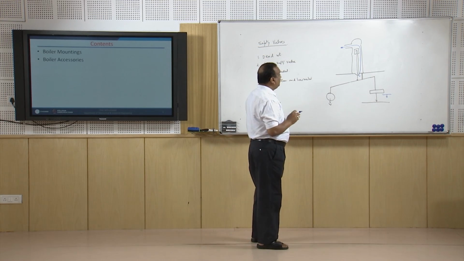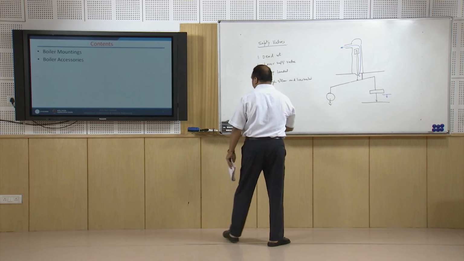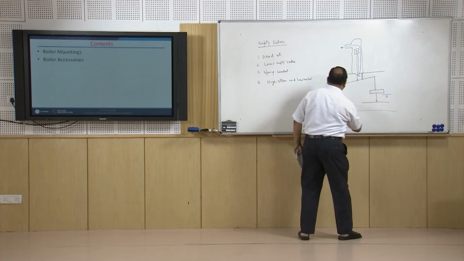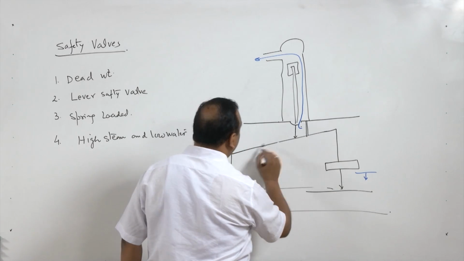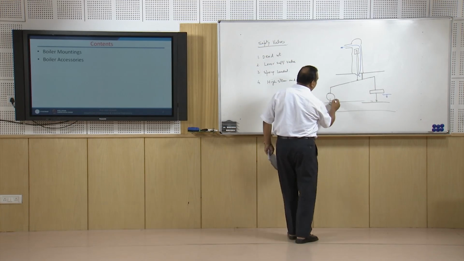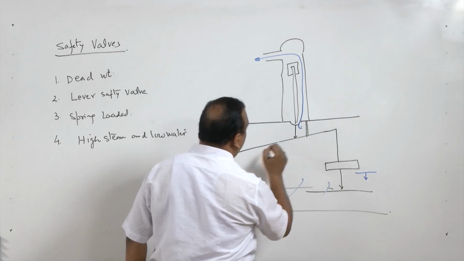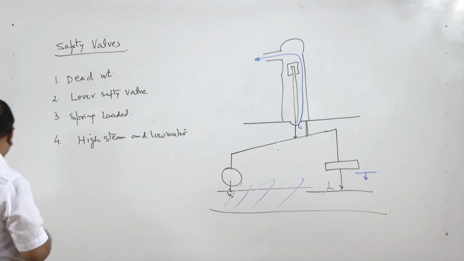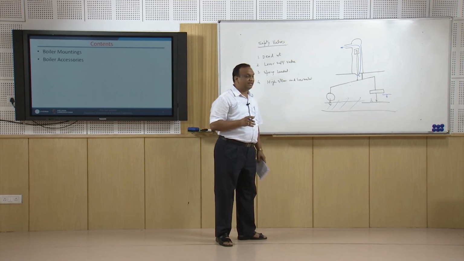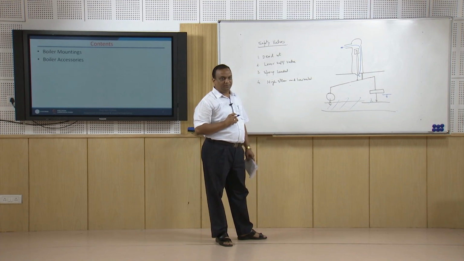On the other side, suppose the pressure exceeds. This shell is partially filled with water and partially filled with steam. Definitely the lower part has to be filled with water, and the upper part is filled with steam. The pressure of steam exceeds the design pressure.